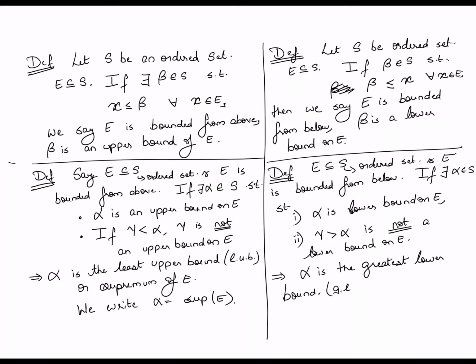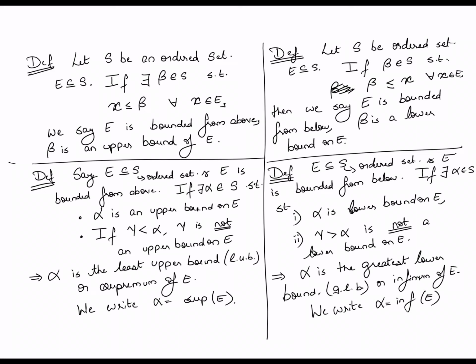That is sometimes abbreviated as GLB or infimum. Infimum of E. And sometimes this is written as inf of E. Okay?